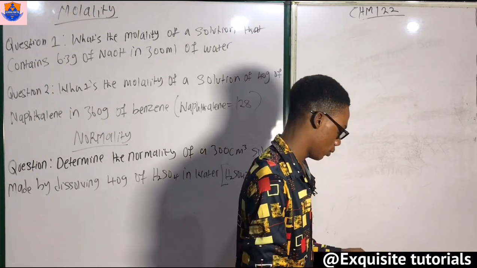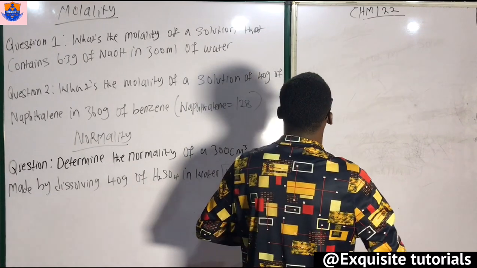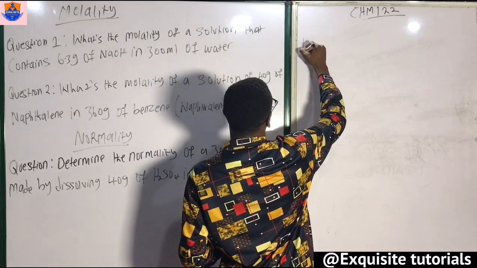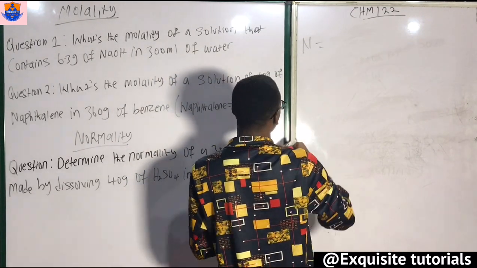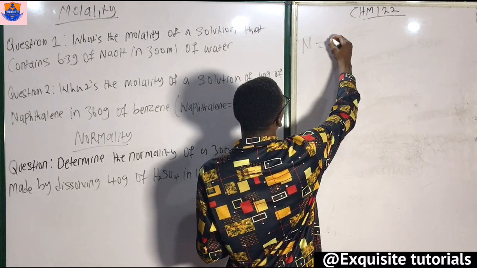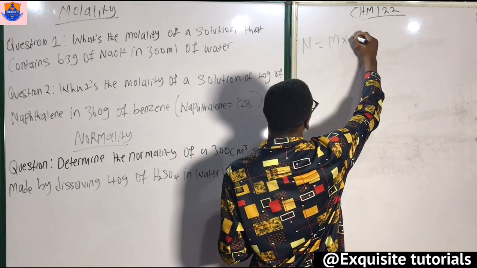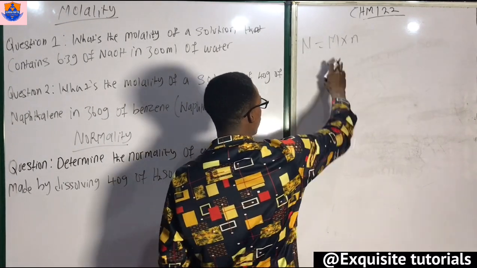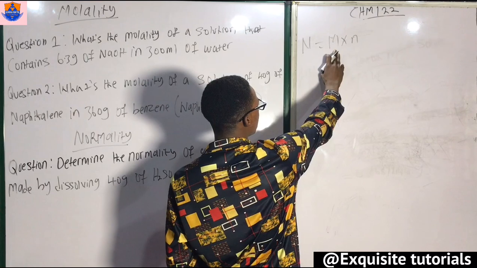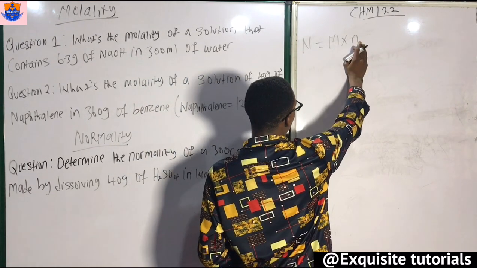Normality is molarity times the number of reacting units. Normality is molarity times number of reacting units.